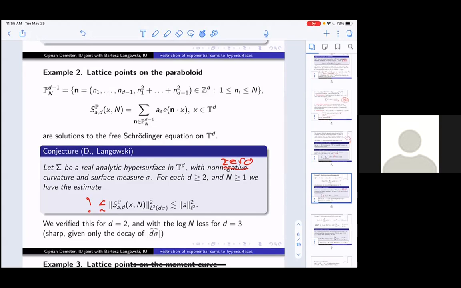Part of the difficulty comes from figuring out this normal form expansion for the paraboloid. But everything that we proved, including the log n loss in d equals 3, is fairly easy. It boils down to estimating the spectral norm of a matrix, and then using elementary methods without any number theoretical sophistication.